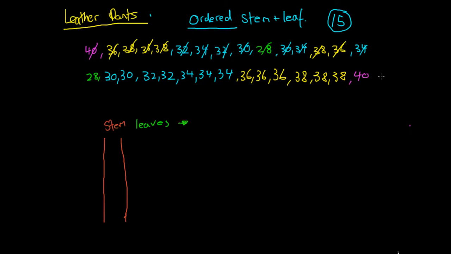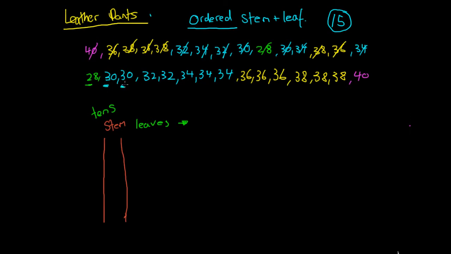In our stem, what we do is we put down the tens. So this is also what's called a tens column. For our data here, each number has a 10 unit out the front. For 28, it has 2 lots of 10 out the front. For 30, it's got 3 lots of 10 plus 0.